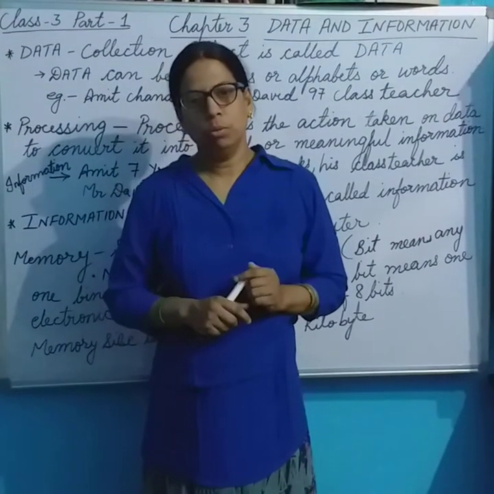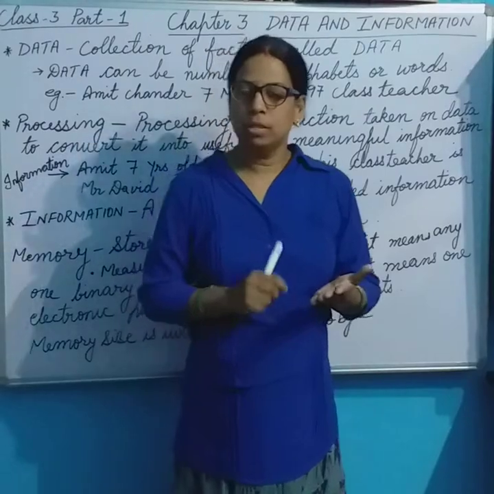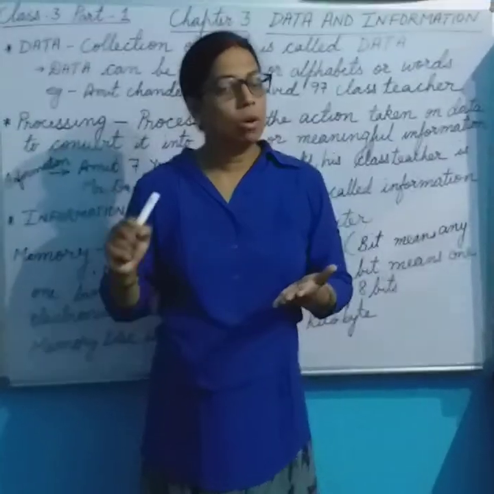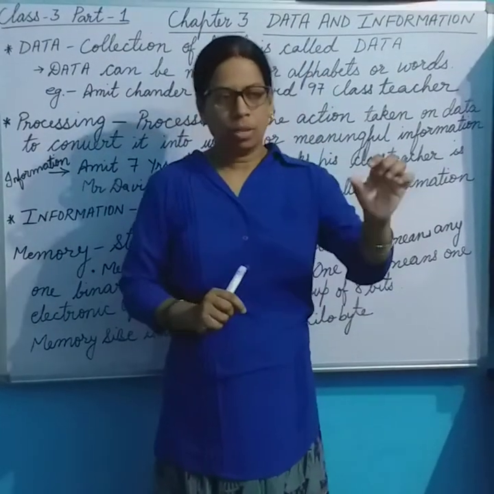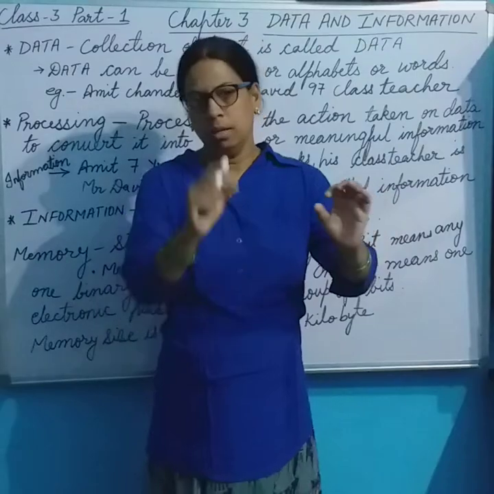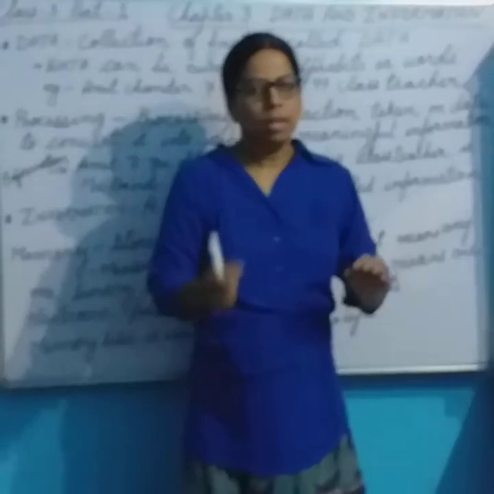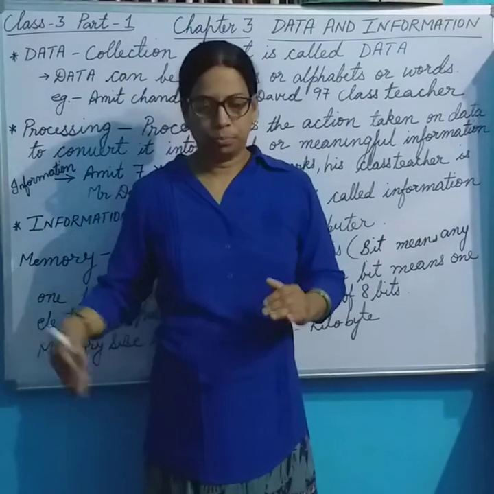What will the monitor do? The monitor will take a paper and pen and he or she will start writing the marks of each of his classmates, and he will put down the marks like Reena maybe 53, Sheila 89, Madhuri 99 and so on.